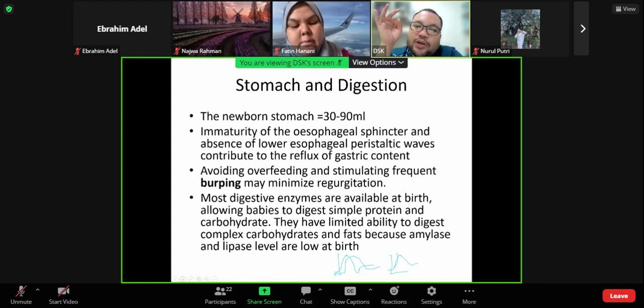When it is not strong enough, with gastric contraction, or when we carry the baby, there can be regurgitation. That is why it is very important to burp babies to minimize the risk of regurgitation, vomiting, and so on.